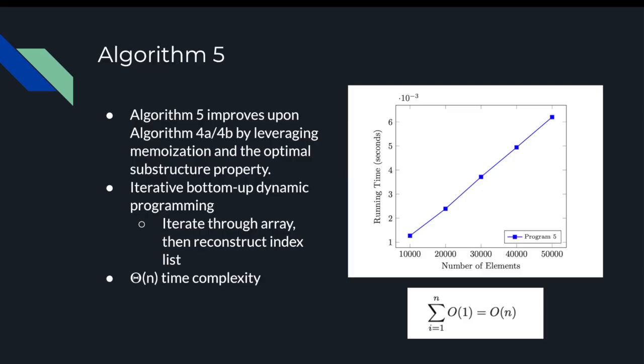Therefore, we can leverage iterative bottom-up dynamic programming to iterate through the array, identify the optimal vault number for each solution, and then reconstruct the index list from the initial iteration.